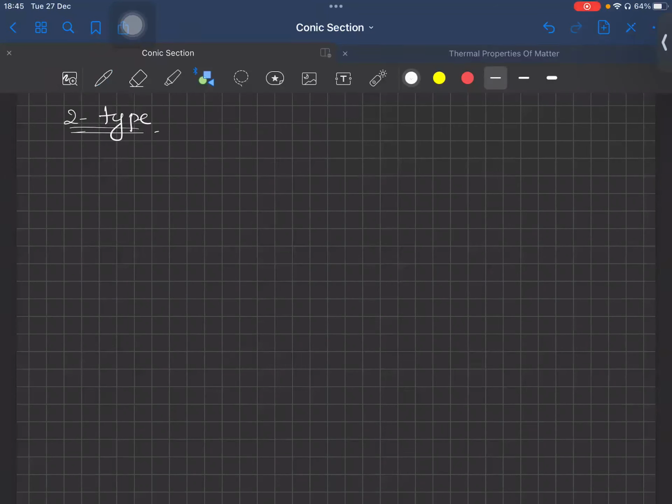Here a is lesser than b. The equation of ellipse is x square upon a square plus y square upon b square is equal to 1. This is the ellipse when a is lesser than b.